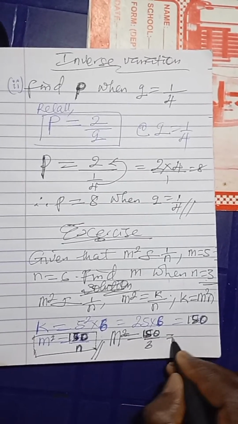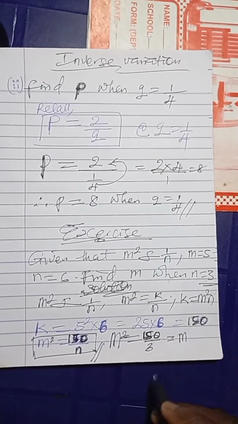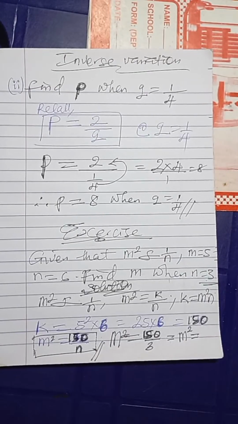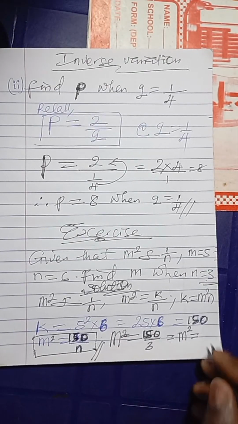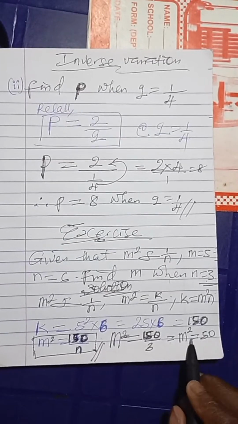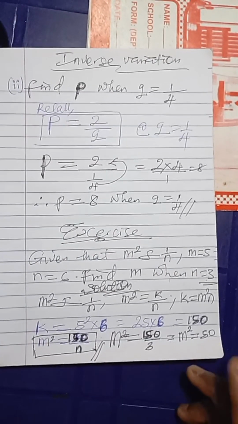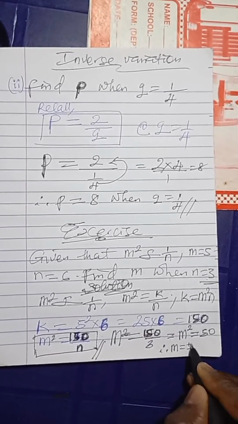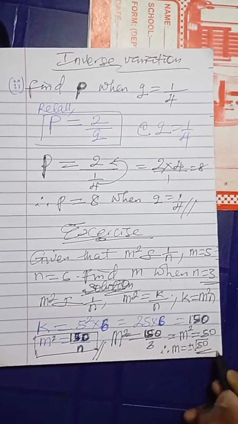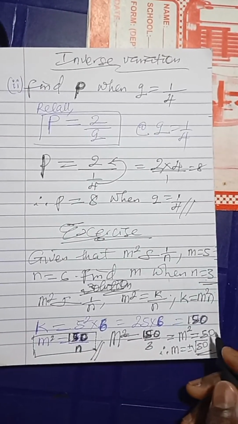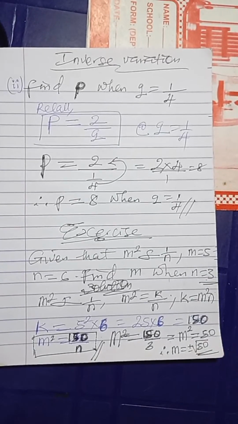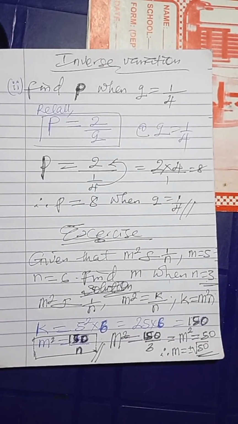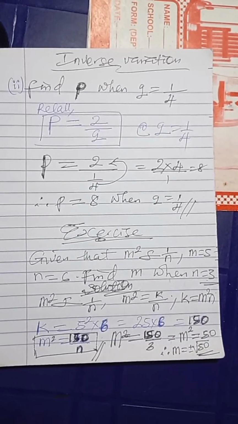So that you have M squared is equal to, now what you're going to do here, observe that this is M squared, not M, so that your M will be plus or minus square root of 50, okay, which is 5 root 2 in basic form. Okay, so that is the value of M.